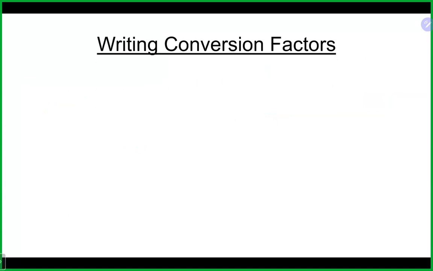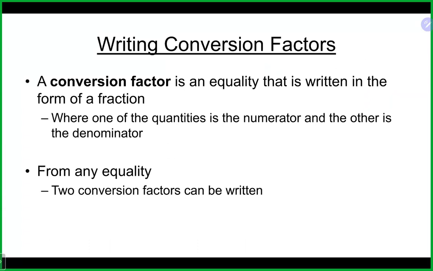Let's get through those. We touched upon this a second ago, but to officially talk about conversion factors: from any equality that you have, you can write 2 conversion factors, which, as we saw in those examples, are really just fractions. An equality is anything that represents the same amount but on different scales.